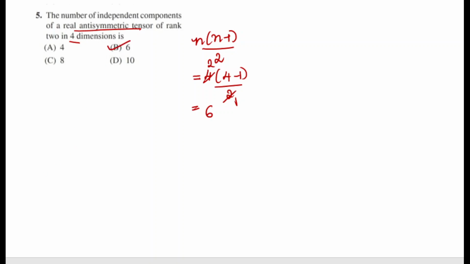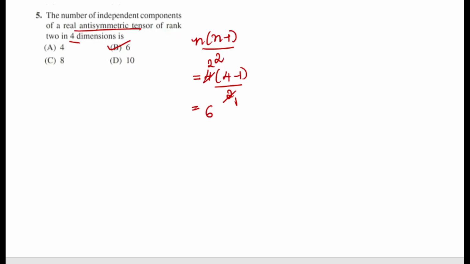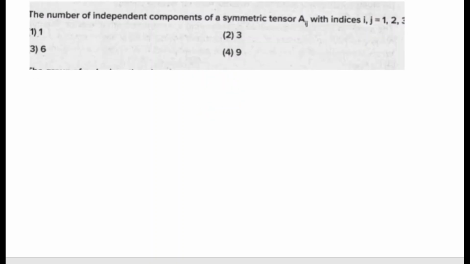Let us proceed to the next question, which was recently asked in 2024. This was asked in 2020. The same question they have asked: the number of independent components of a symmetric tensor with indices ij equal to 1, 2, 3. They have given 1, 2, 3, so we can find that n is equal to 3, meaning 3 dimensions, and it has rank 2.